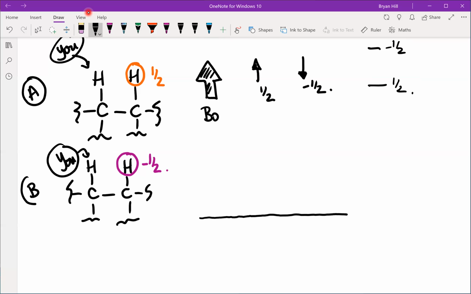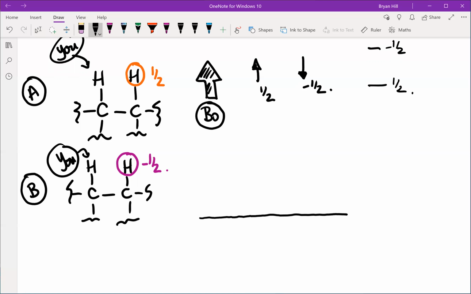So remember, you're going to resonate, and it's going to depend upon how shielded or de-shielded you are with respect to the applied field, right? So your neighboring proton here is aligned with the field.